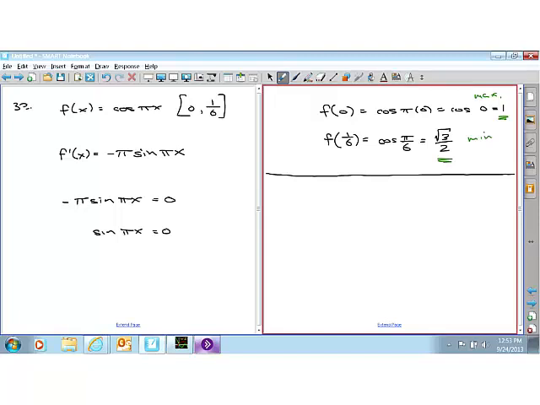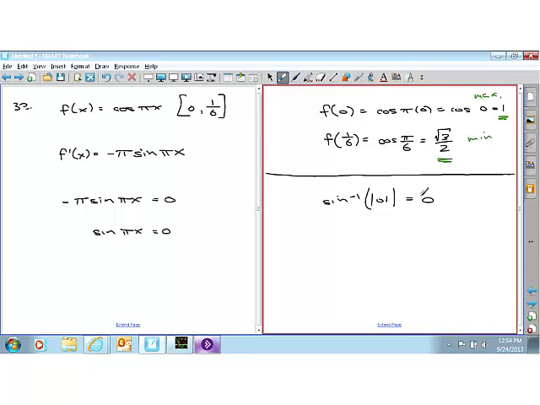So the first thing you do is the inverse sine, and you use the absolute value of this number, which of course is 0, so the angle whose sine is 0 is 0.